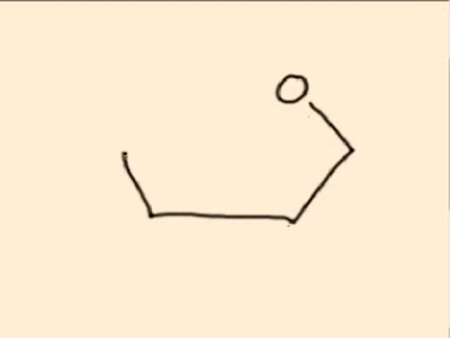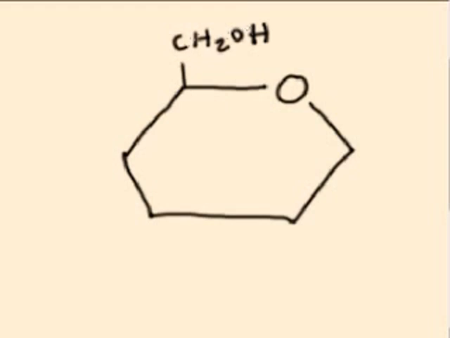So let's draw our oxygen here. CH2OH. And again, this first carbon, it doesn't matter. The first OH, it doesn't matter if it goes up or down. So we'll just put it up.